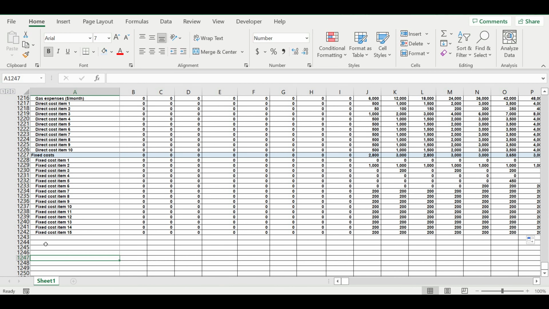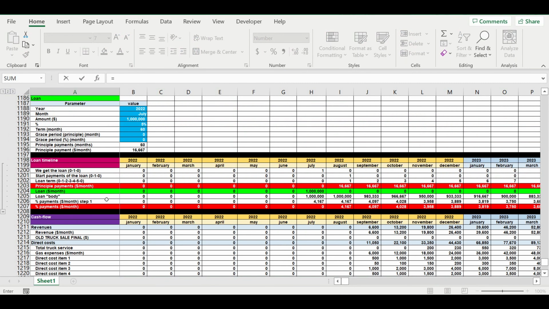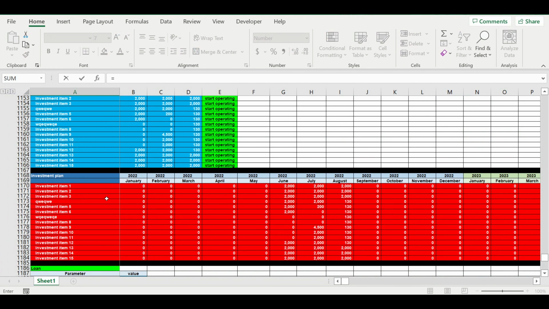So now we move to payroll. We're just gathering cash flows from our financial model, and that's it.